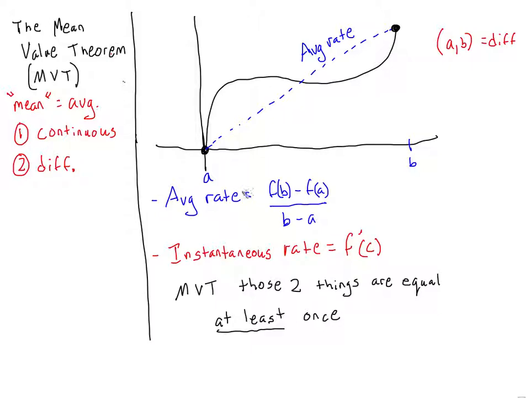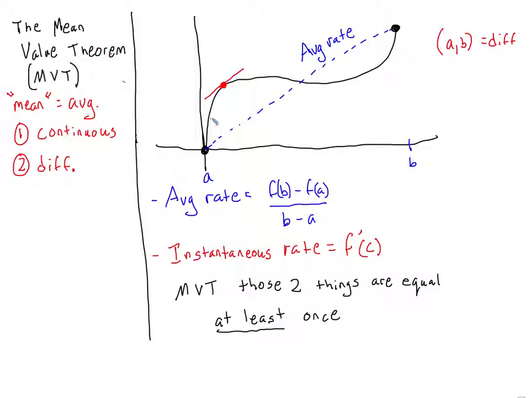So what does that look like on a graph? That's what I really care about. Let's look at the instantaneous rate. Again, I'm color coding here. Instantaneous rate is red. So if the average rate was like that, we practiced yesterday drawing the tangent line. Where is the tangent line going to be equal to that average rate? Well, I would say right about there, because the tangent line looks like that. Look how the slopes are the same. There's another one on here. Do you guys see it?